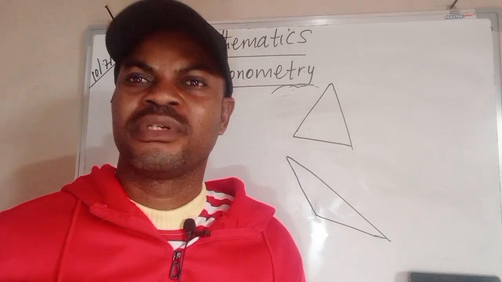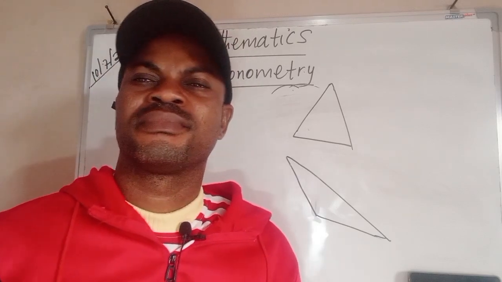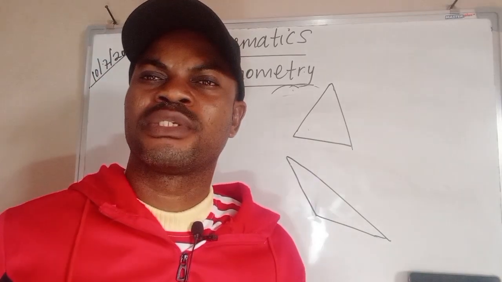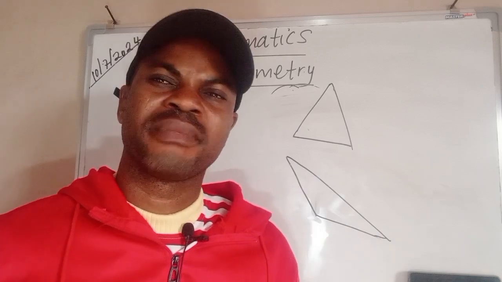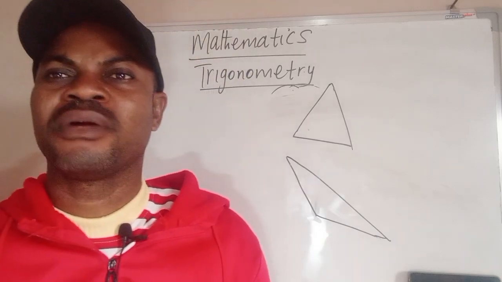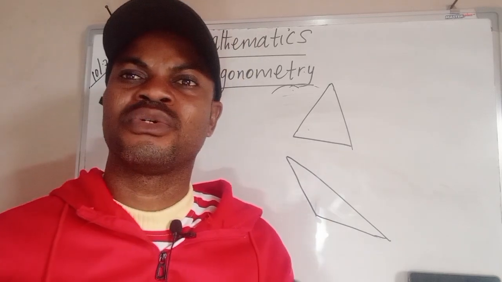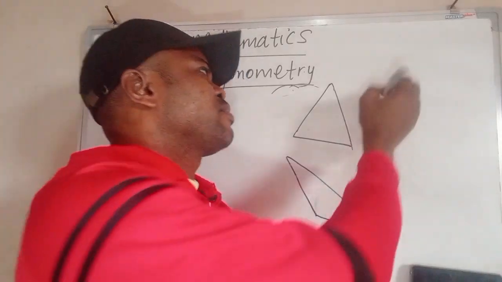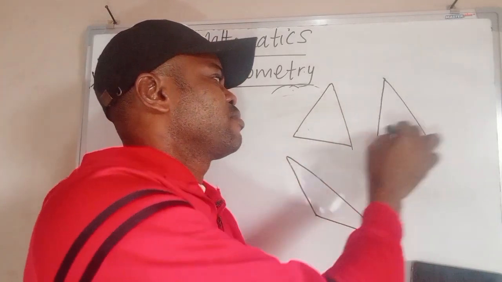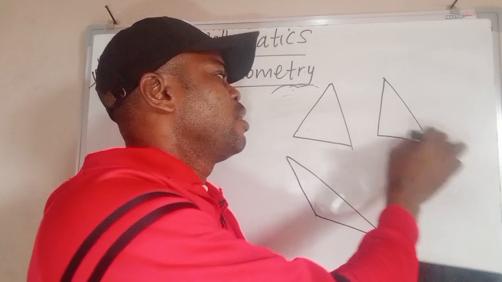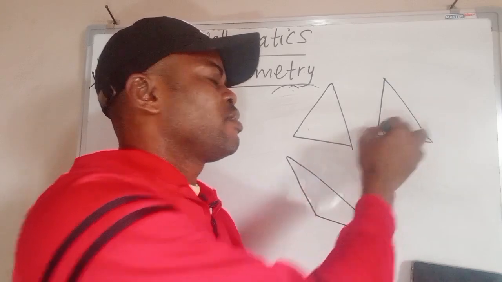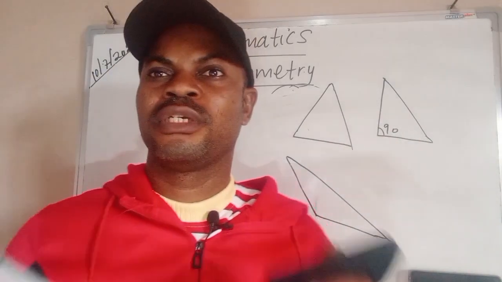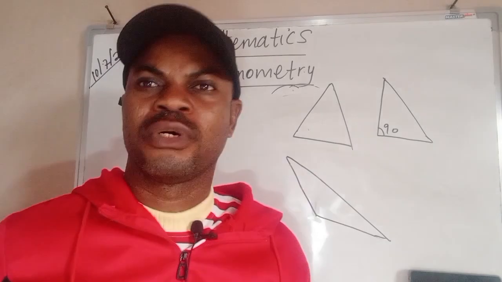For a better understanding, when you are given a question on triangles and you find out that the triangle you're dealing with is a right angle triangle, as in this case, whereby this is angle 90, the solution is Pythagoras theorem.